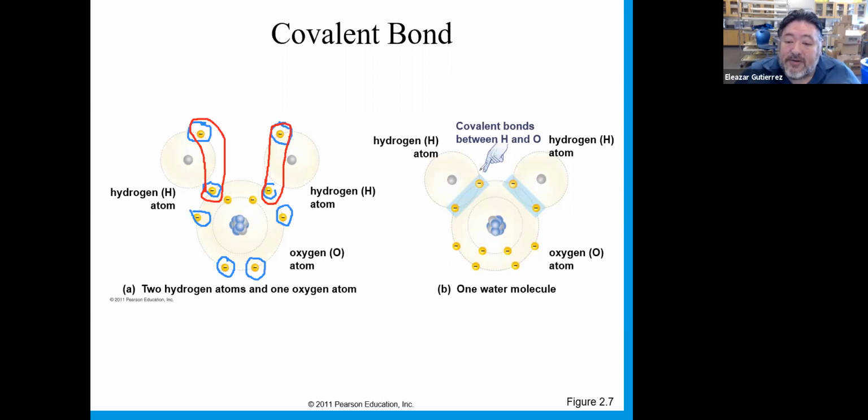So anytime that you see an oxygen here and a hydrogen here and a hydrogen over here, and you see a covalent bond between them, let's go purple, a covalent bond between them like this, you know that that line represents the sharing of two electrons. So this line is a sharing of two electrons, and this line is a sharing of two electrons. Bam, covalent bond. Is that cool?